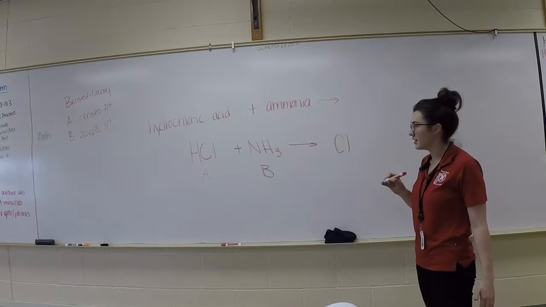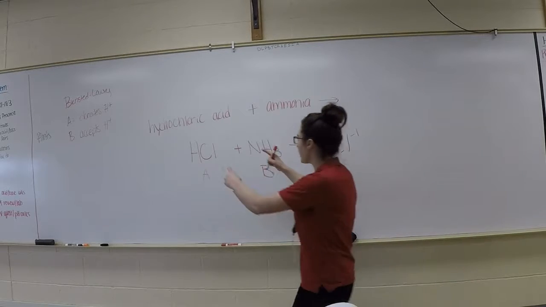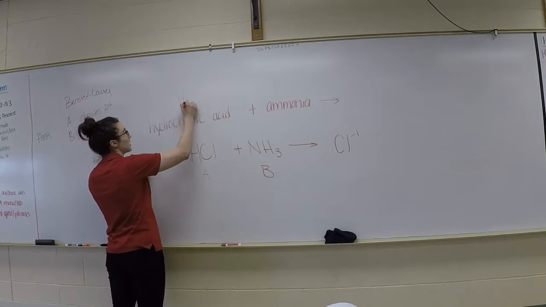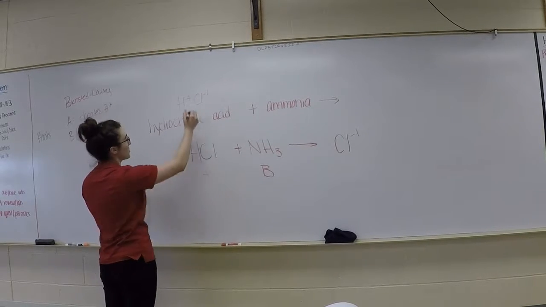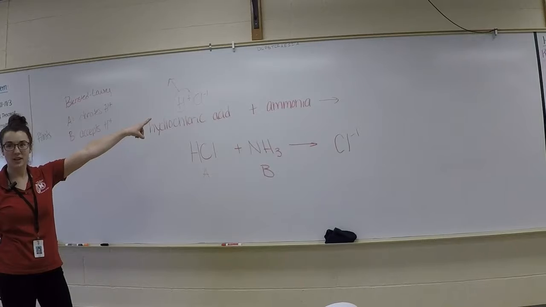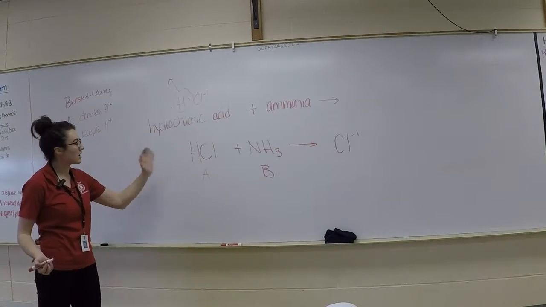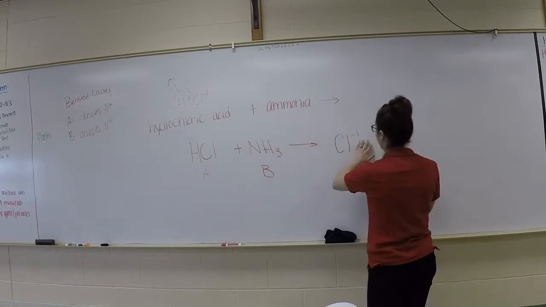Cl, and what does it need? -1, right? This HCl is technically an H+ and a Cl -1 that came together. So if it loses that H+, now it's just a Cl -1, right? Lost an H+, so we have a negative charge.